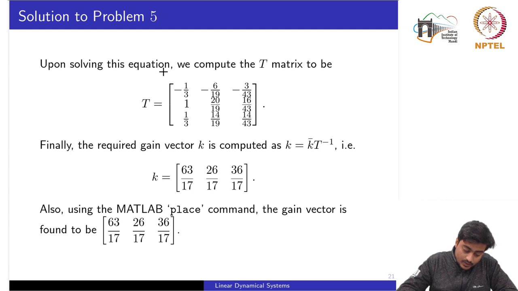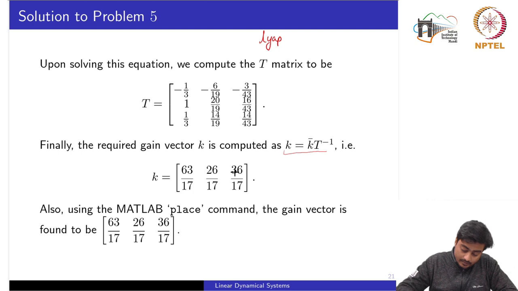Now to solve this equation, you can use the MATLAB function lyap to compute this matrix T. We also commented during the lecture slide that this T matrix should be non-singular. Otherwise you cannot compute the state feedback gain using this equation, which involves the inverse of the T matrix. So from there we compute k equal to this one.